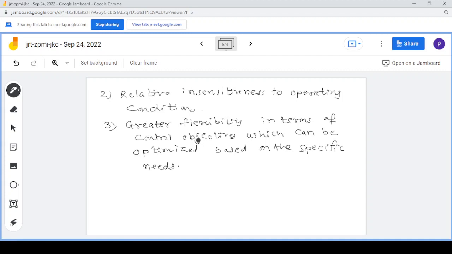So this active vibration control provides greater flexibility in terms of the control objectives, and these objectives can be optimized based on the different needs of the situation, right? Now let us look at how it does this.